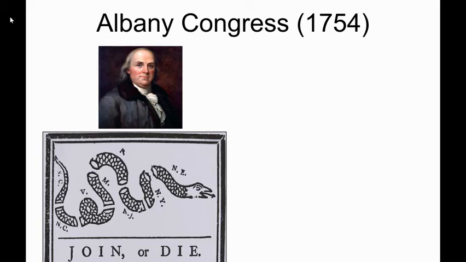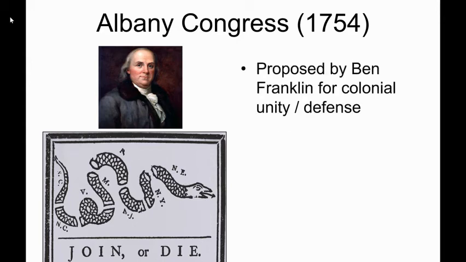And it doesn't lead to a lot in terms of settling differences between the French, the Native Americans, and the colonists and the British, but it does kind of set the stage for Americans coming together, and this didn't happen very often at this time. What comes out of this is a proposed plan called the Albany Plan, and it was proposed by Ben Franklin.